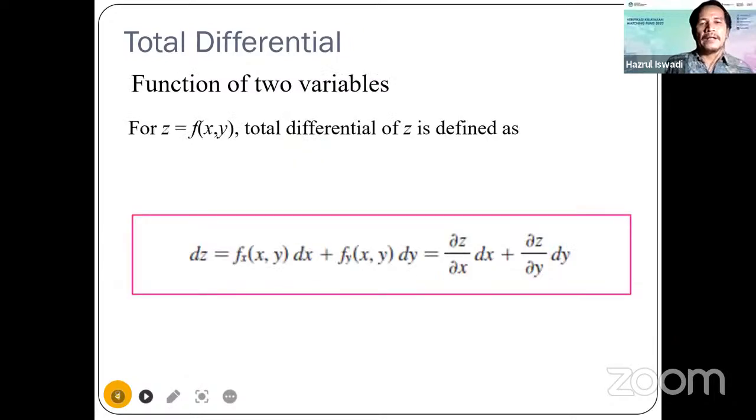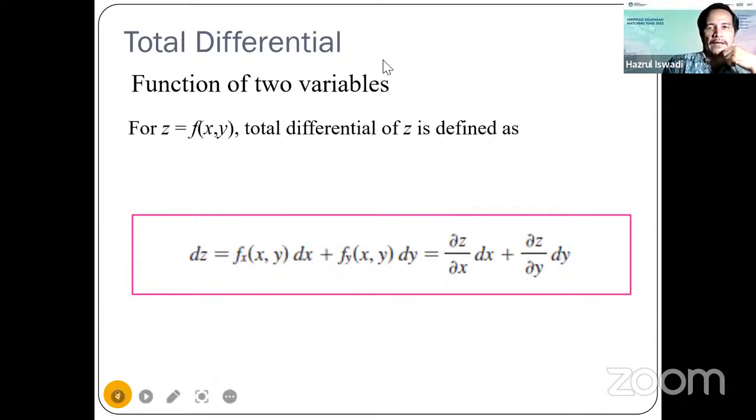This is the total differential of a function of two variables.